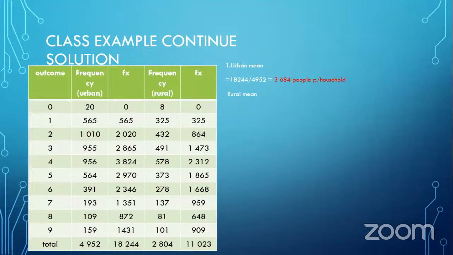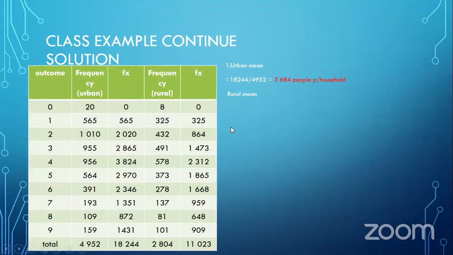So you just calculate the mean for the rural area and then divide by 2. I think I did it wrong. What did you do?